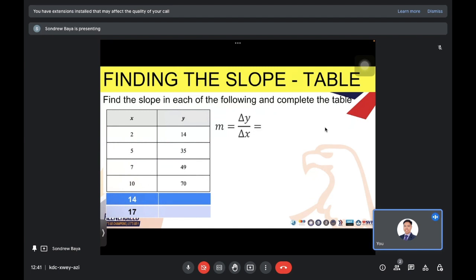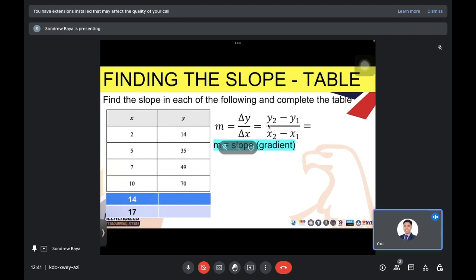So in this case, to find the slope or the rate of change, we have to choose two data from the given table. But when we do that, it's better for you to have a general idea of how to find the slope. Or what do you mean by change in y and change of x? Change in y over change in x is simply the same as subtracting the current minus the previous.